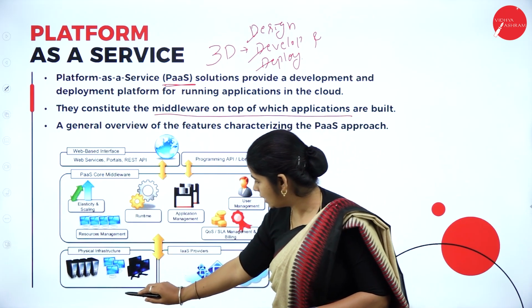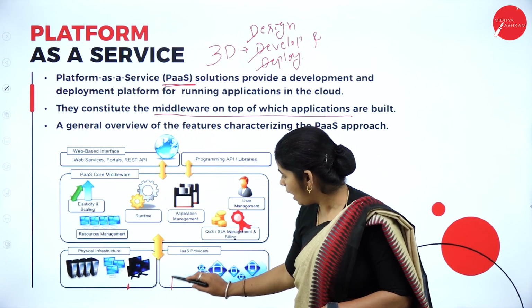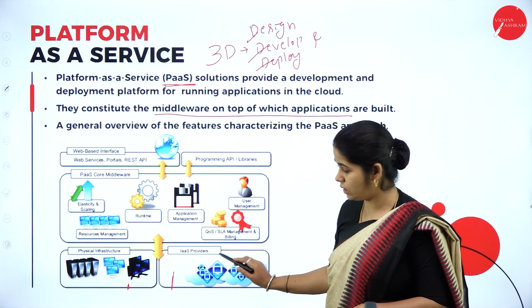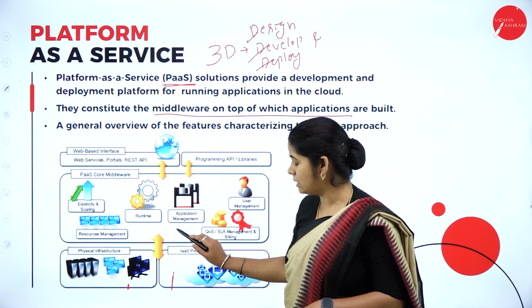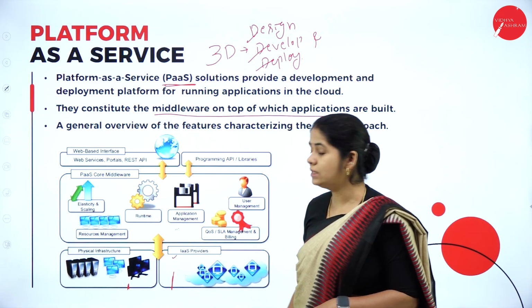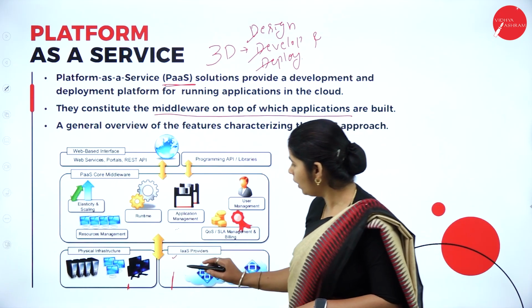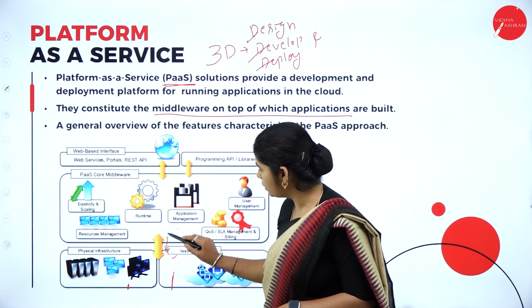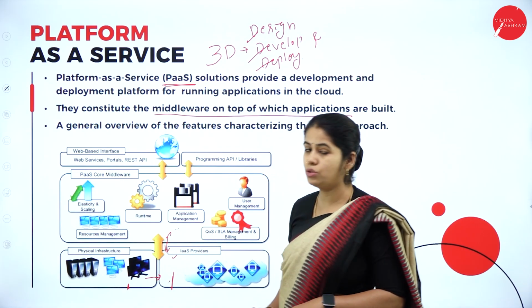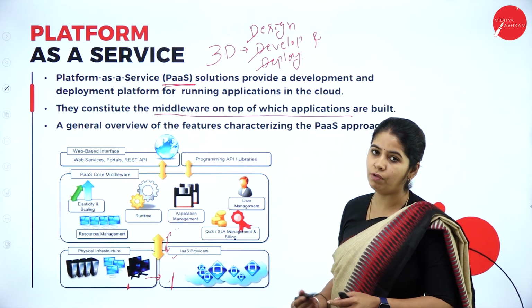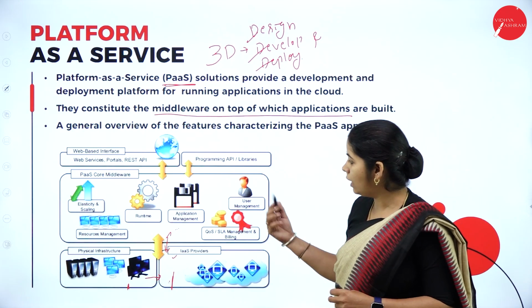Here we have a physical infrastructure, and here we have an infrastructure as a service provider. So if you want to take PaaS, you should have this as compulsory. It provides communication from the physical resources to the virtual resources, from virtual resources to the IaaS, then PaaS.